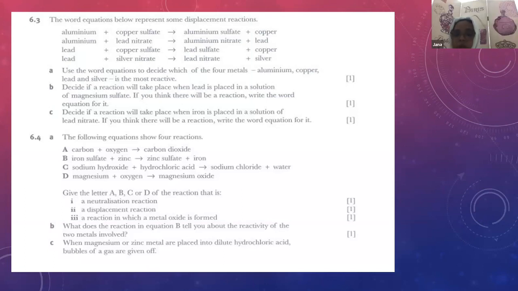The reaction will take place, okay? Yes. Write the word equation. Iron plus lead nitrate gives? Iron nitrate plus lead. Great. Excellent. See? Very easy.